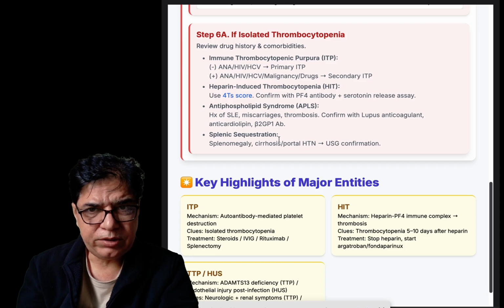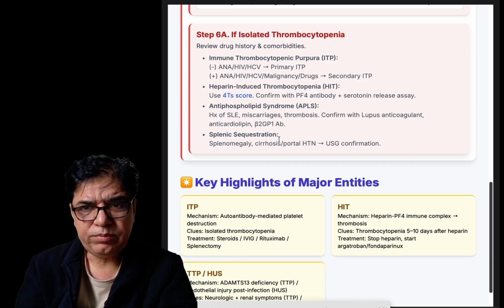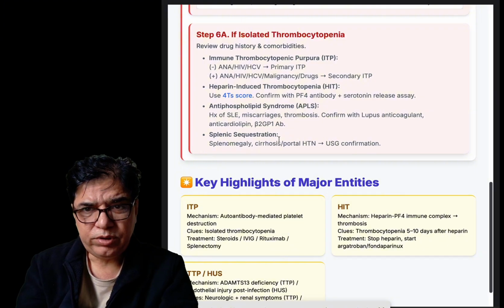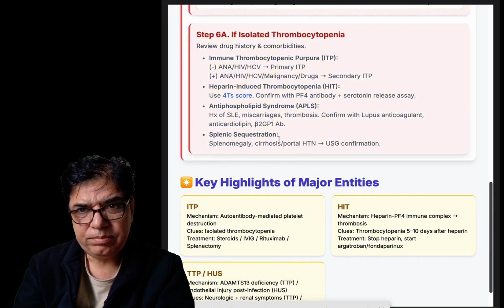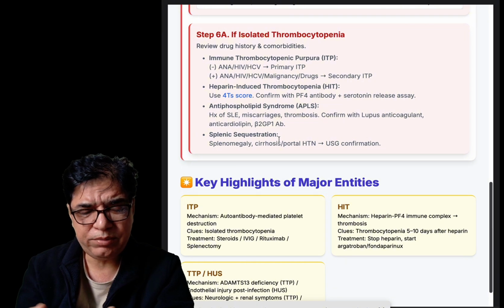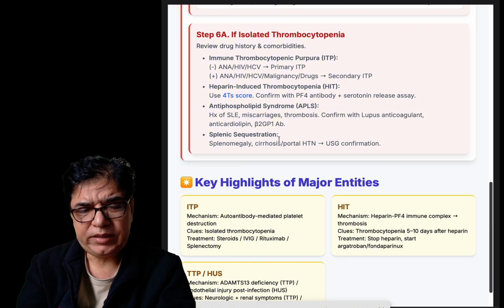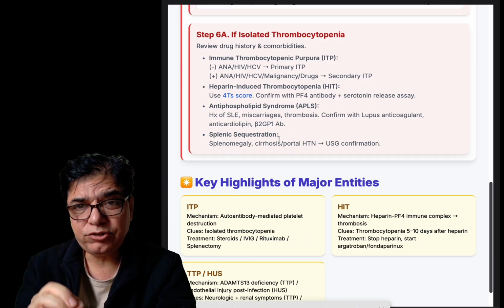In that case, we have to treat them with intravenous immunoglobulin, which is very good, or steroids. We normally don't give platelet transfusions, because it's an immune mediated problem. The more platelets you give them, the more they would be destroyed, and that would just lead to aggravation of the whole condition.